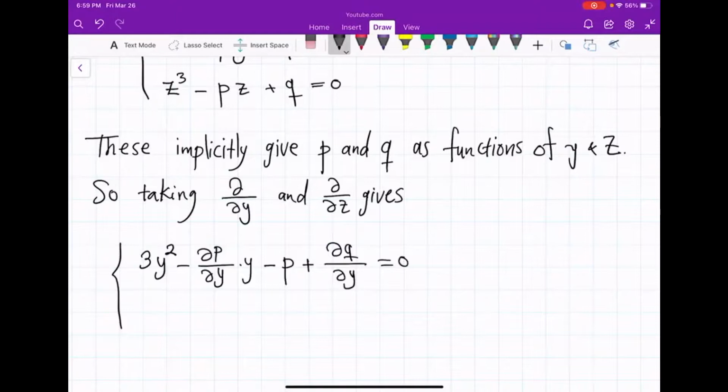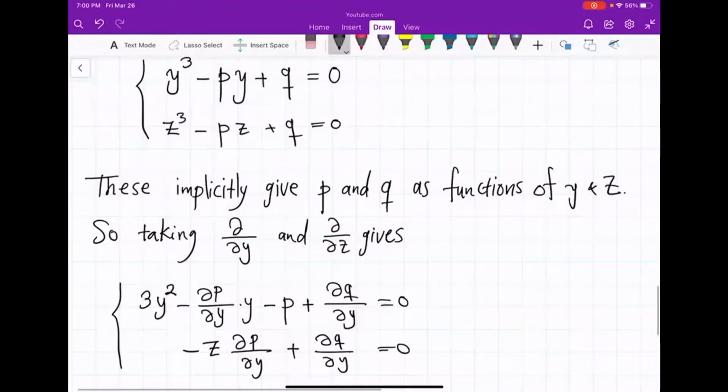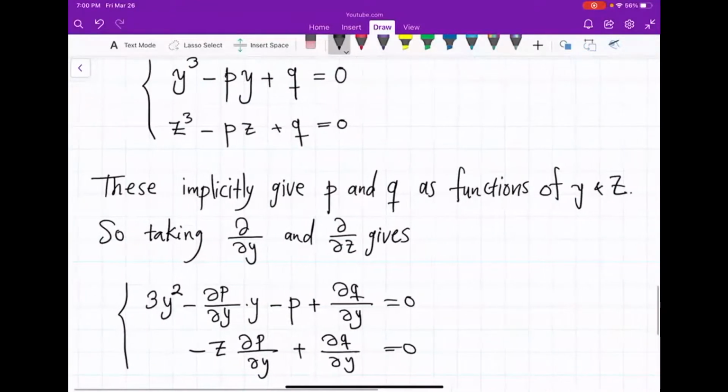There's some product rule and chain rule there, but it all comes from the fact that we are doing implicit differentiation. So negative z partial p partial y plus partial q partial y is 0.